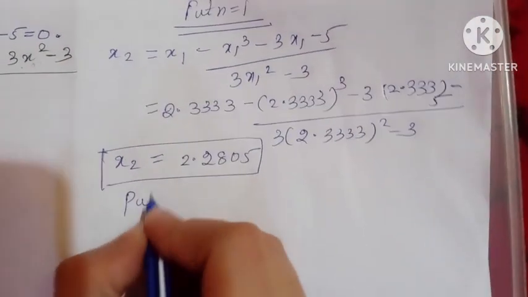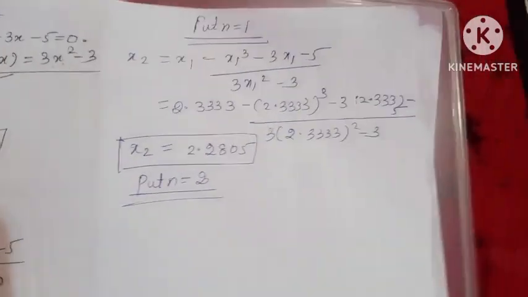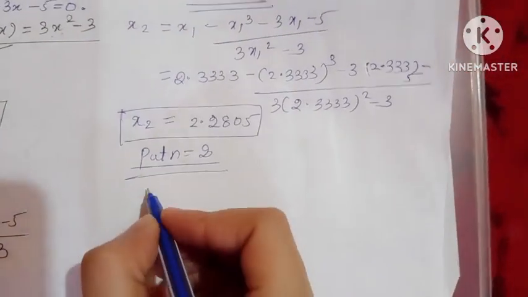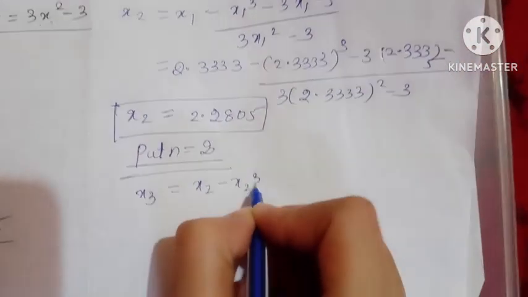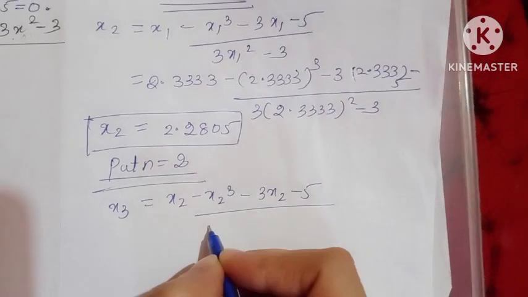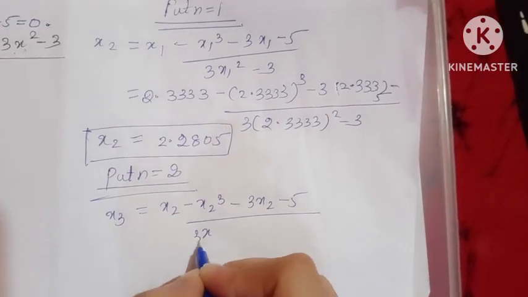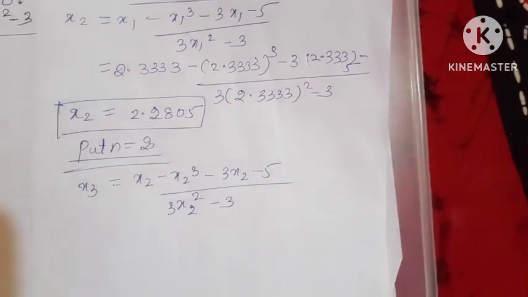Like this, put n equal to 2. So x3 is equal to x2 minus x2 cube minus 3x2 minus 5 whole divided by 3x2 square minus 3.